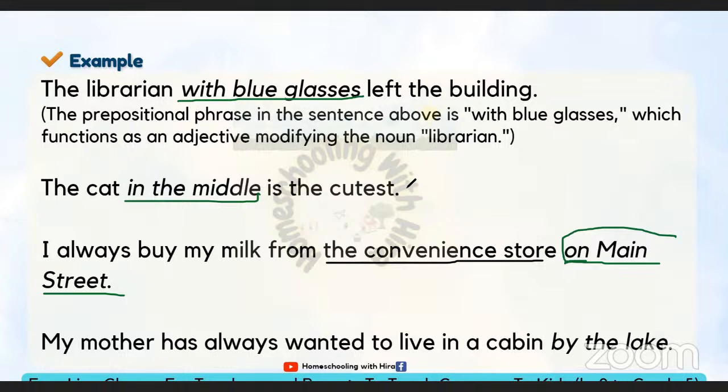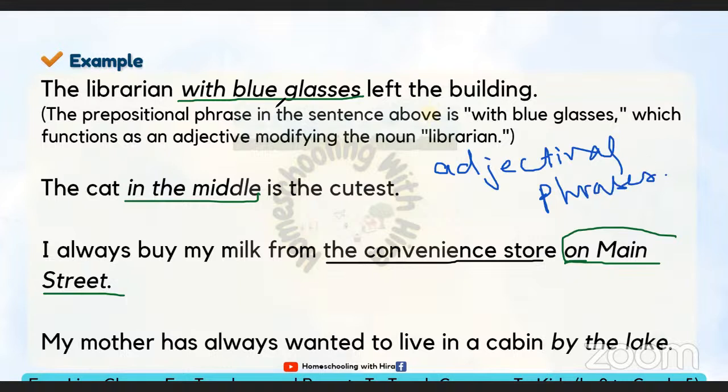So now they are adjectival phrases. And what is the color for adjectives? It's blue. So we should mark these with blue because they are acting like adjectives.